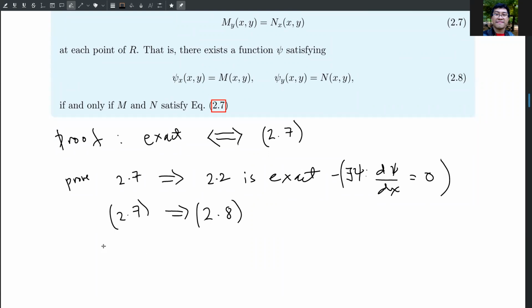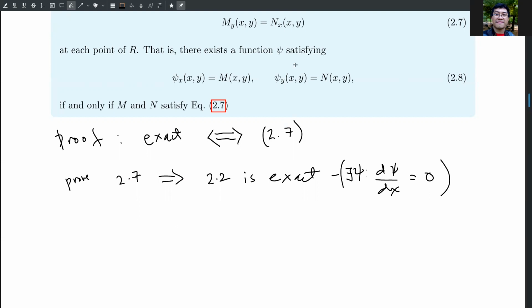Now let me start with 2.8, actually I'm starting with 2.8, so let me remove this part here.